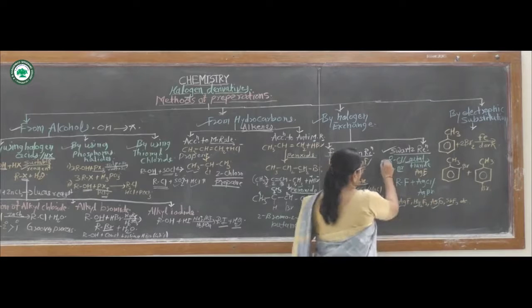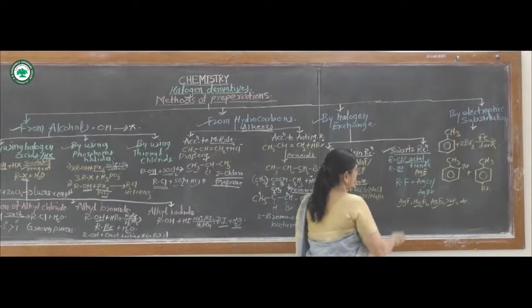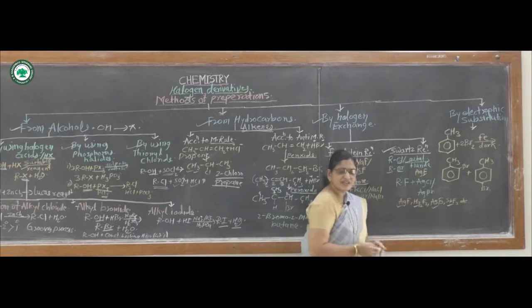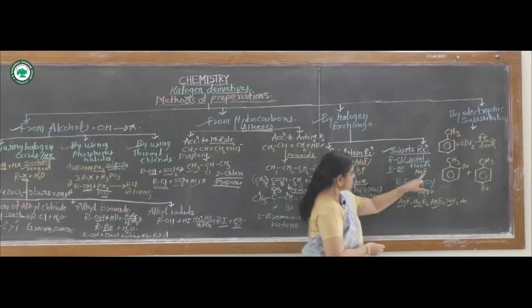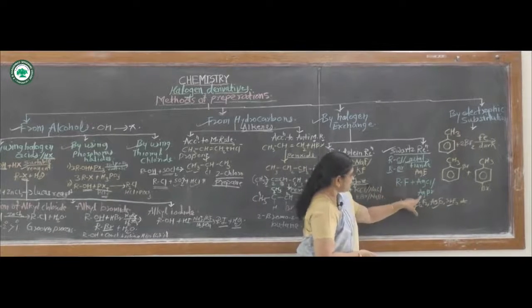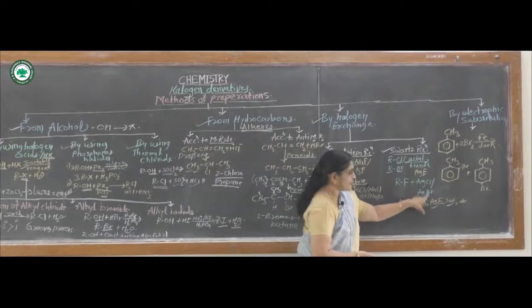If alkyl chloride reacts with the metal fluoride AgF, it gives RF plus AgCl. If alkyl bromide reacts with metal fluoride, it again gives RF, and the byproduct is AgBr.